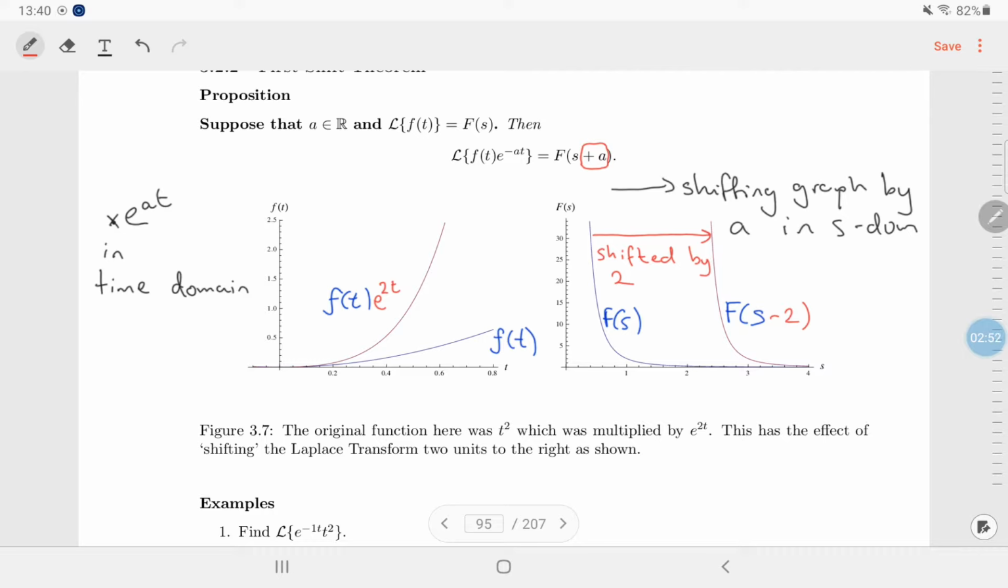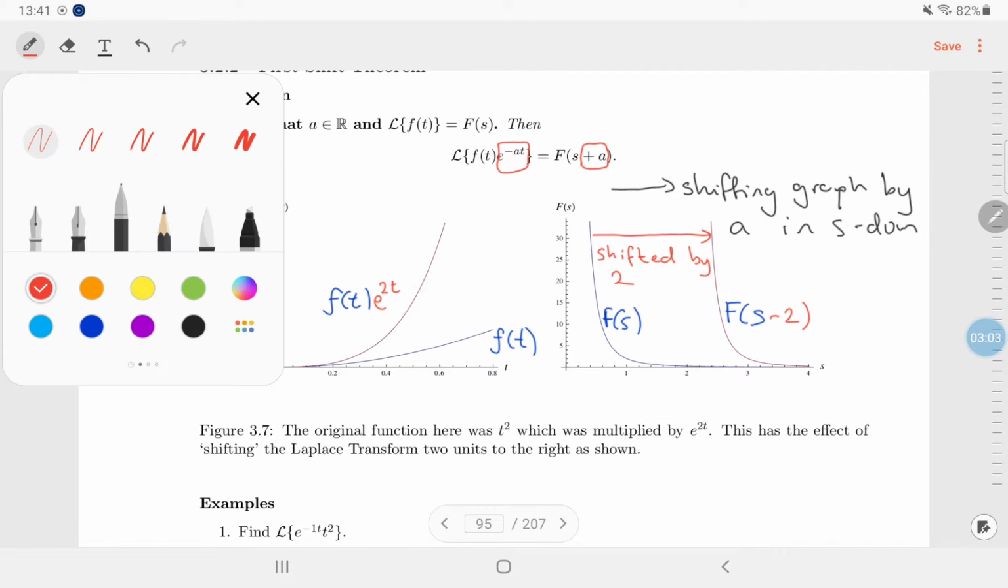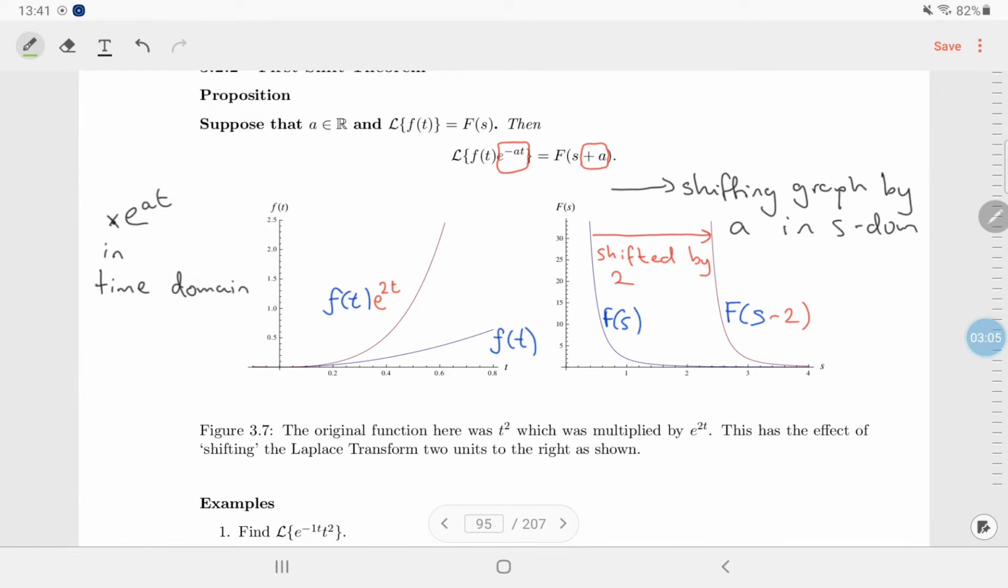And when we have a shifted version of a Laplace transform, we bring it back as if it isn't shifted at all, and then we multiply it by this exponential shift. So if you're sending back this thing, you recognize that it's shifted, you bring it back as normal, so the big F of s goes back to f of t, but because it's shifted, you multiply it by an exponential shift over here.